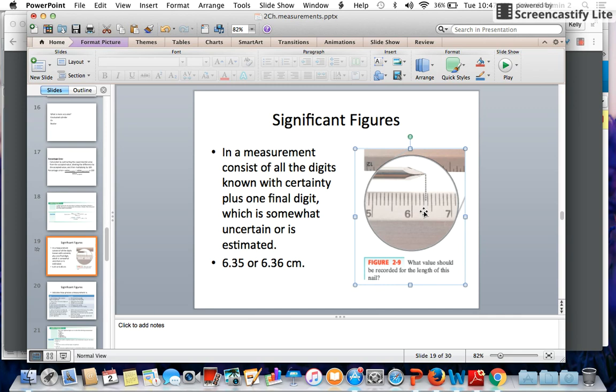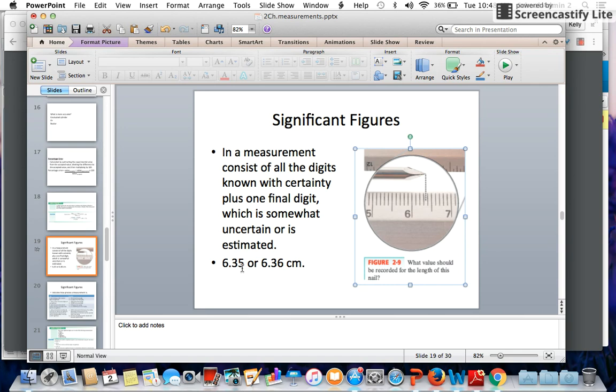So you might think it's right in between them, so you might put 6.35, or you might think it's a little over towards the next line, so you might put 6.36. So in here we have one estimated value, which is that 6. When we figure out how many sig figs there are, we're going to count all of them. So there's 3 sig figs.